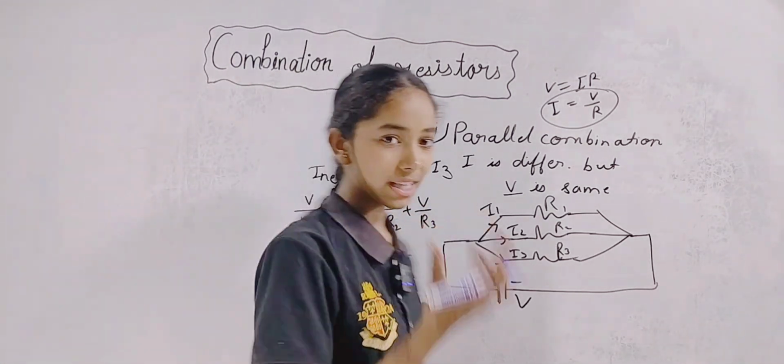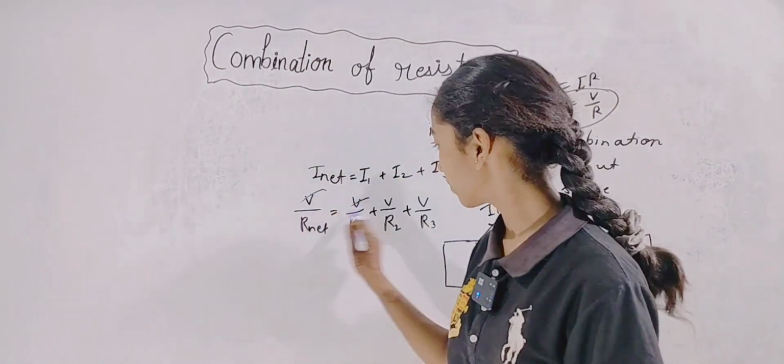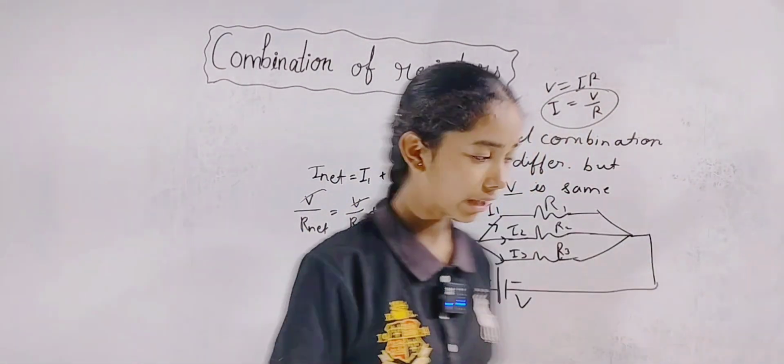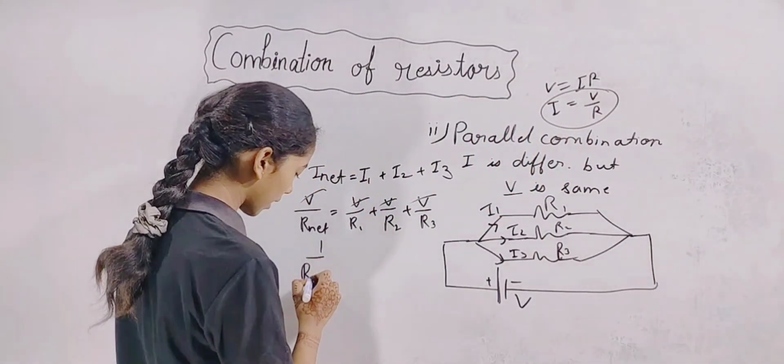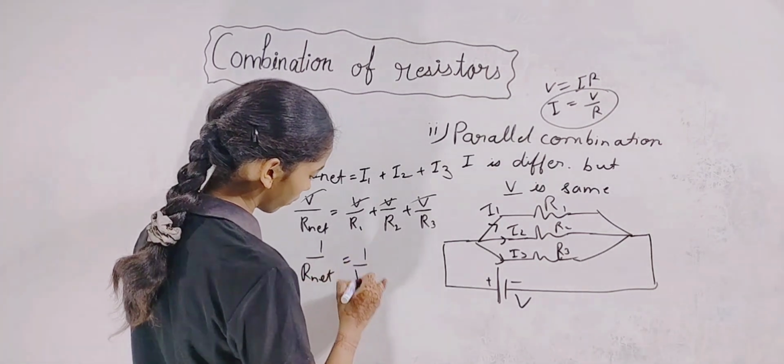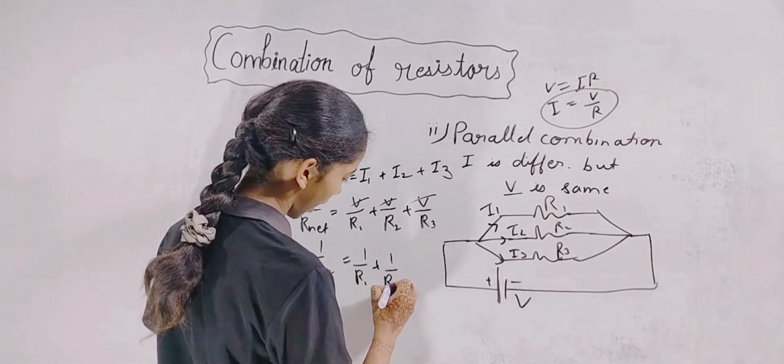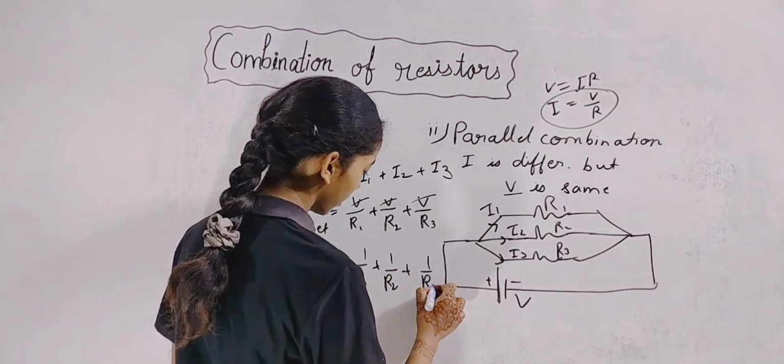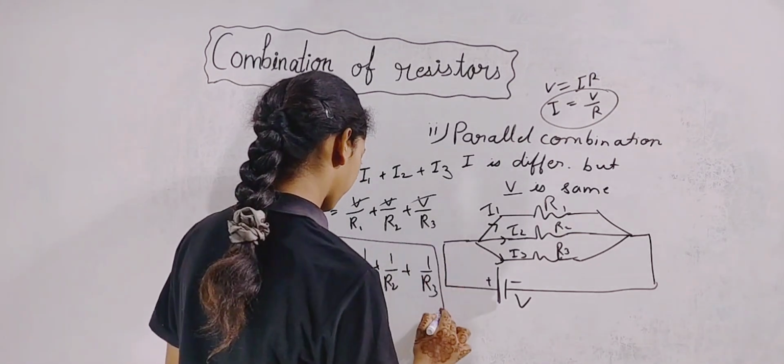Potential is same here, so it cancels out. So what we get in the end is 1 by R net equal to 1 by R1 plus 1 by R2 plus 1 by R3.